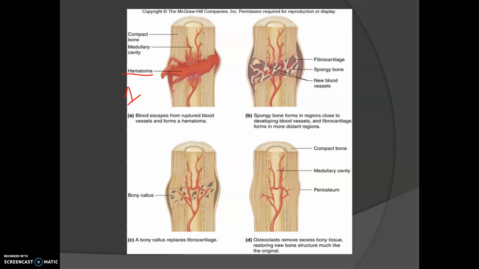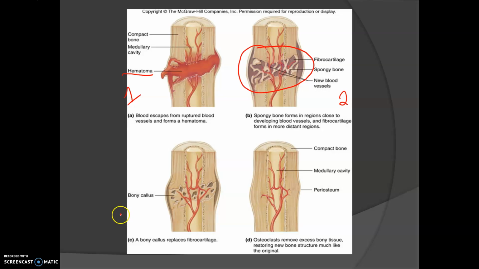Once we get to a more healing process, we'll move on to 2 over here, and we'll see that spongy bone is going to start developing in this area where the break is. We're also going to see fibrocartilage occur here and a reconnection of these blood vessels. They're going to reconnect.